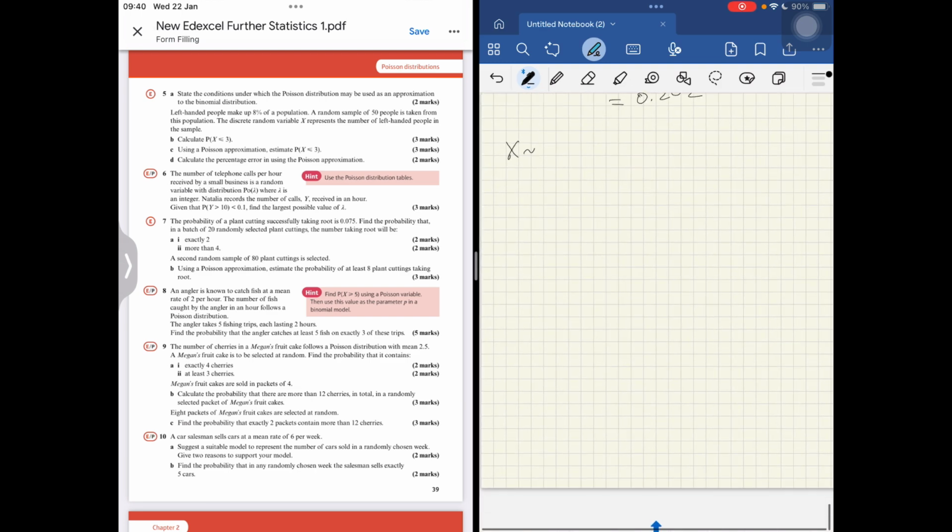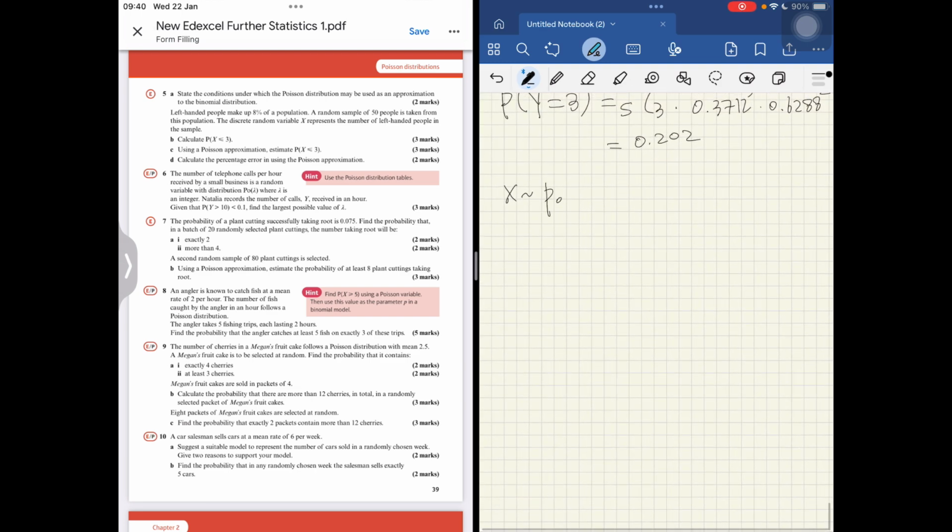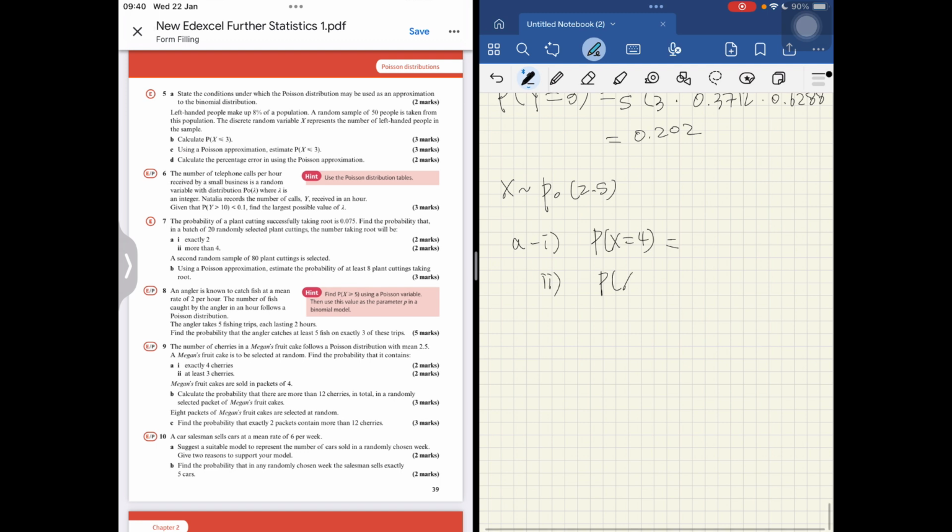So now X follows Poisson 2.5, and we want the probability X is 4, and the probability X is at least 3, which means 1 minus the probability X is smaller than or equal to 2.